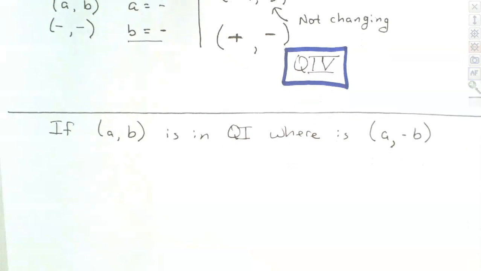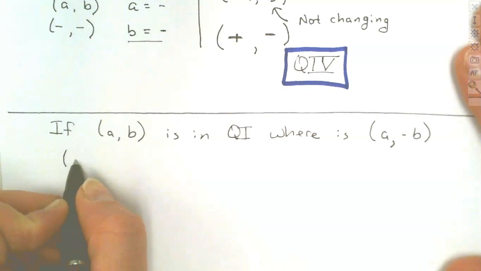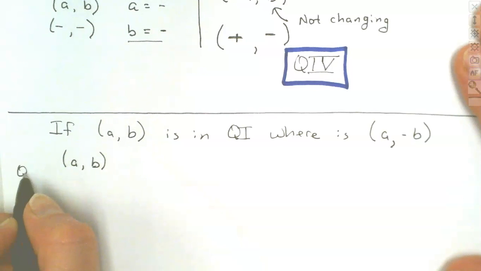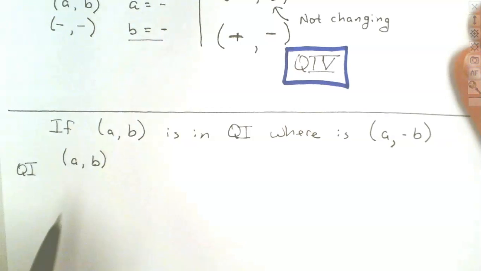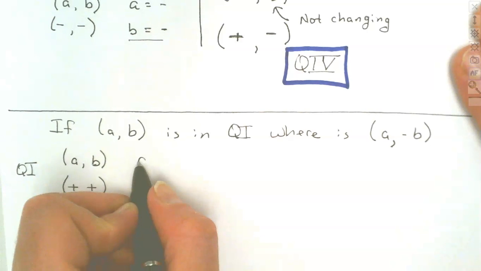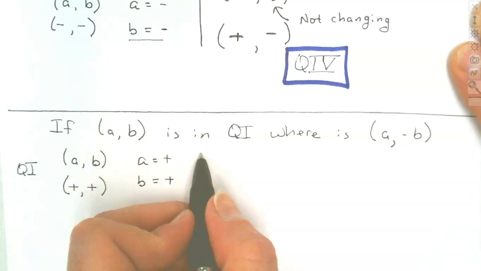So first off, we look at AB and we see what the sign should be. So we're in quadrant 1. And what do we know about quadrant 1? We go back and look. How do the signs go for quadrant 1? They are both positive. So that means A is going to be positive and B is also positive.